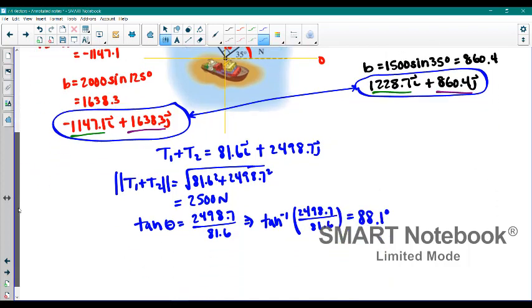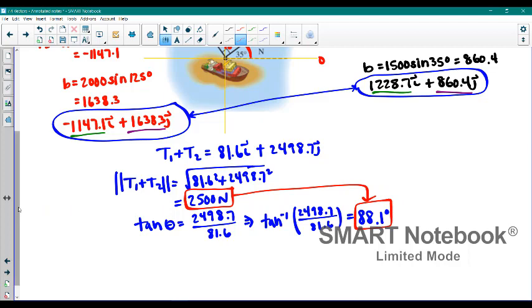And since my tangent is positive, quadrant 1 and quadrant 3 are my only options. Quadrant 1 it is, so there's the angle. So the resultant force has a magnitude of 2,500 newtons in the direction of 88.1 degrees.